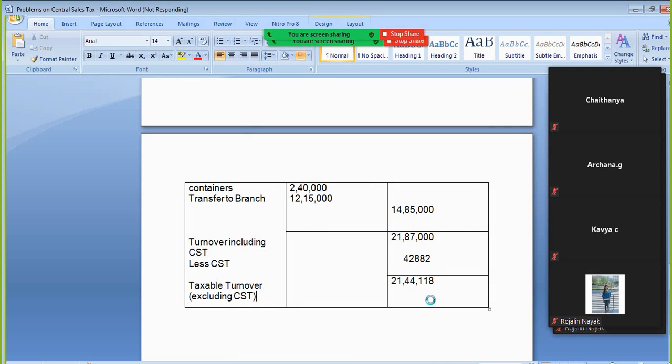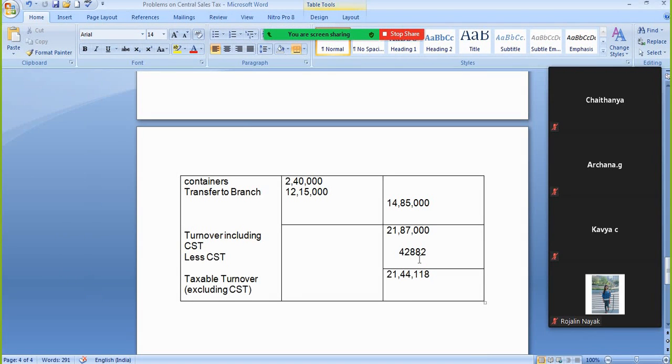You have to add the CST amount to the taxable turnover excluding CST. Fine. Any confusions here?